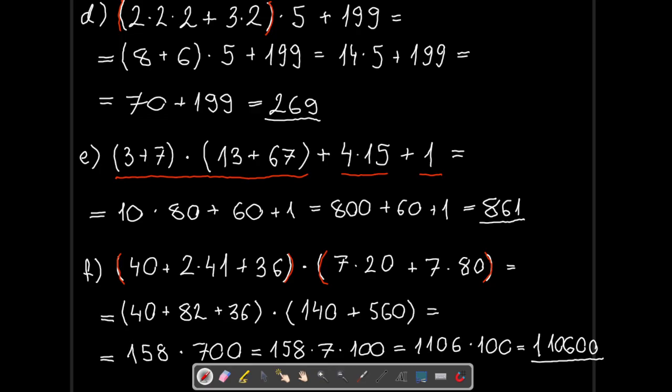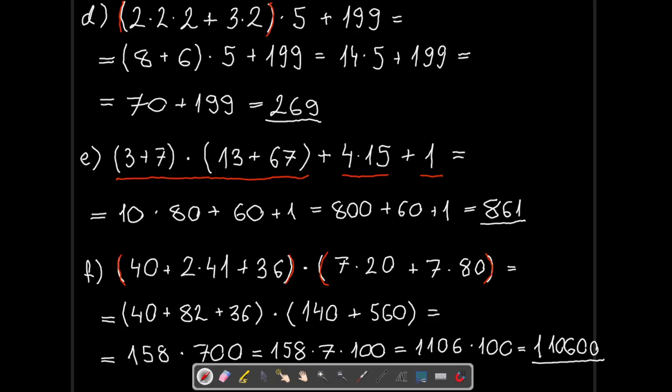Alright, we do have, I believe, 2 more examples in this exercise. Let's see.